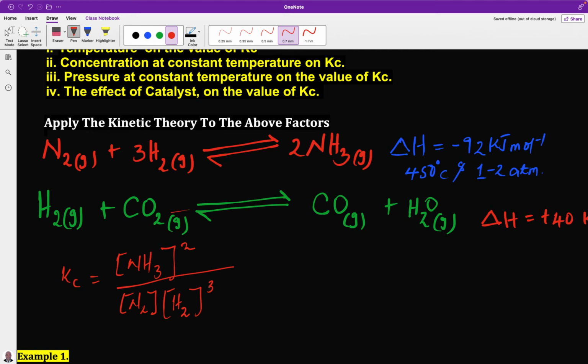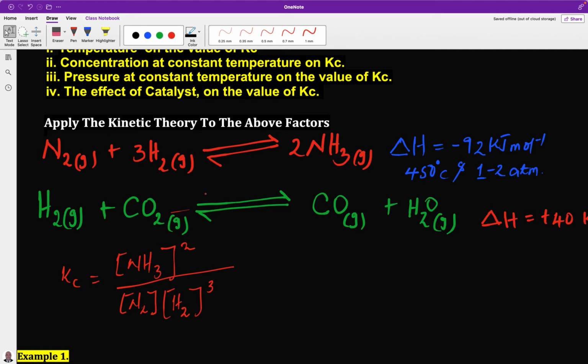Let's go to catalysts. What happens with a catalyst? A catalyst is just a substance that will help to speed up the rate of a reaction. The catalyst will have no influence on the value of Kc. The role of the catalyst is just to speed up the reaction, to make the equilibrium be achieved in a shorter period of time.